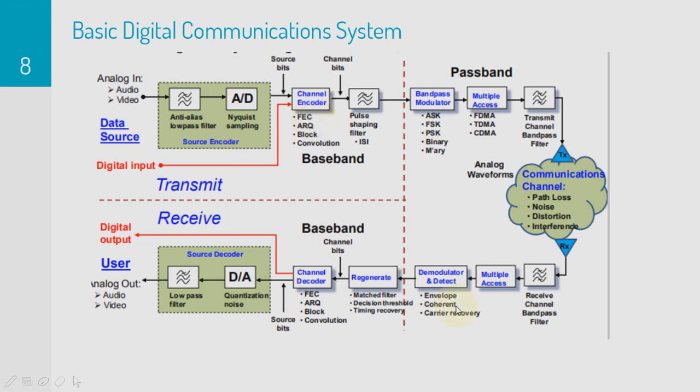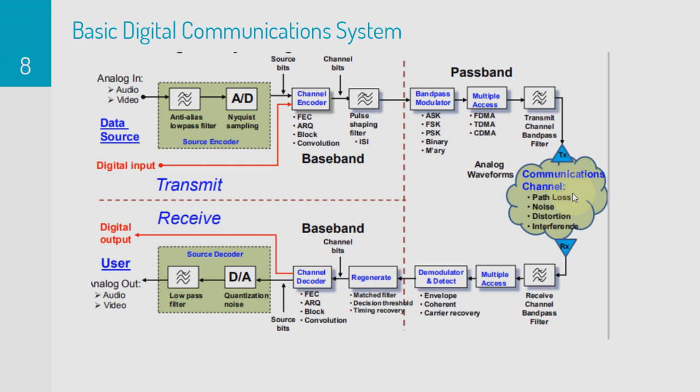Again, it is sent to the pulse shaping filter to remove the intersymbol interference. These two blocks are called the baseband. Again, it is passed to the passband where passband modulators can be used, maybe the modulator ASK, FSK, PSK or binary or M-ary. It is again fed to the multiple access like FDMA, TDMA and CDMA depending upon the input.